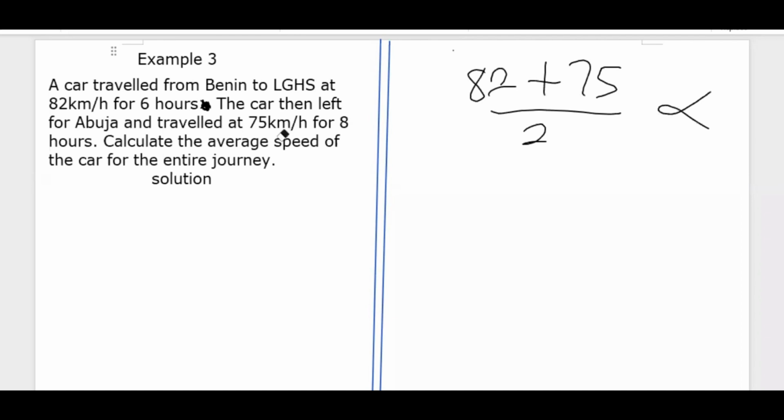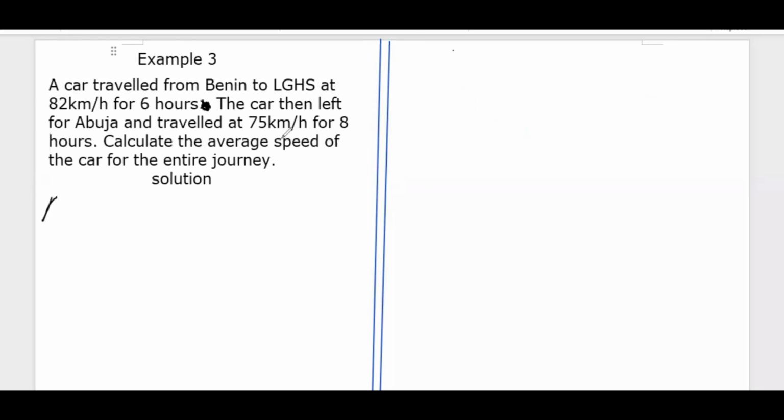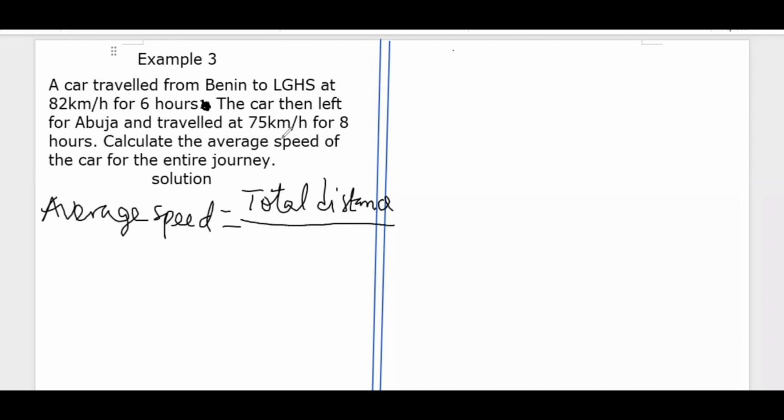So what we mean by average speed is obtained by this formula. Average speed equals total distance over the total time taken.